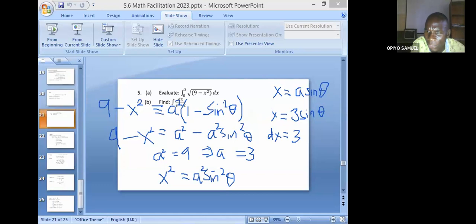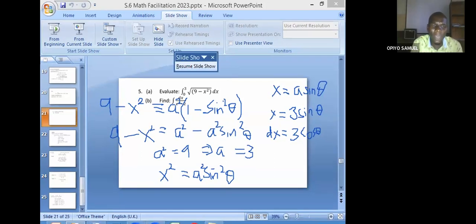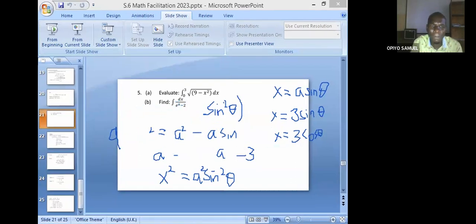If we differentiate sine, we get cos theta. So by doing this substitution, you will simplify. When you do this substitution, it will simplify the integral to a simple expression that you can easily integrate.